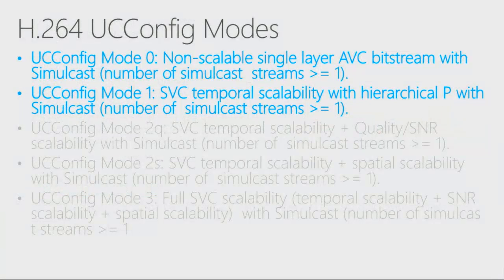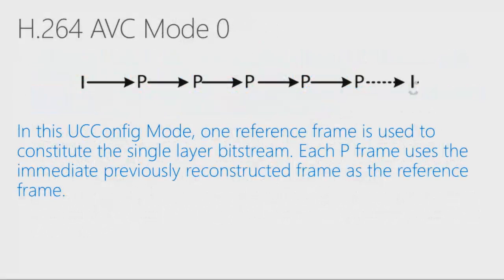So in the USIF video support model, the config modes, they define mode 0 to mode 3. It has different capabilities. We support mode 0 and mode 1. Okay. And what are they? In mode 0, basically it is the AVC mode. So in this diagram, you see the I and P. I means the I-frame, it is the major video frame.